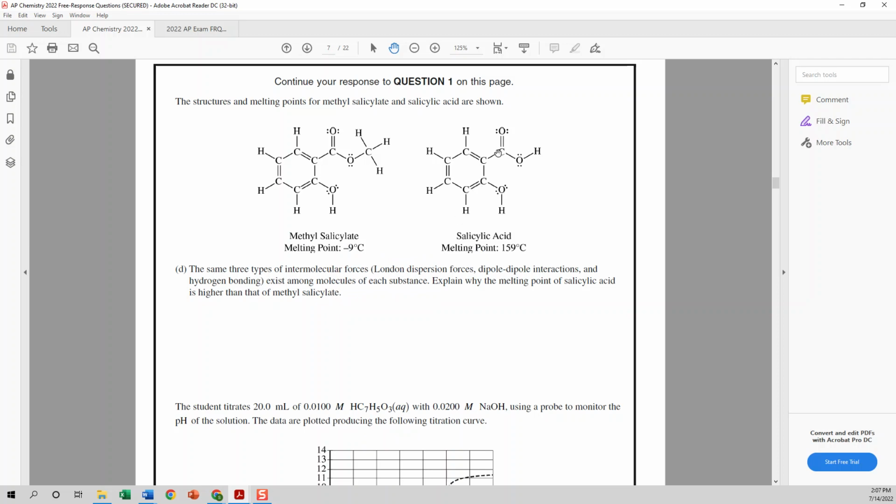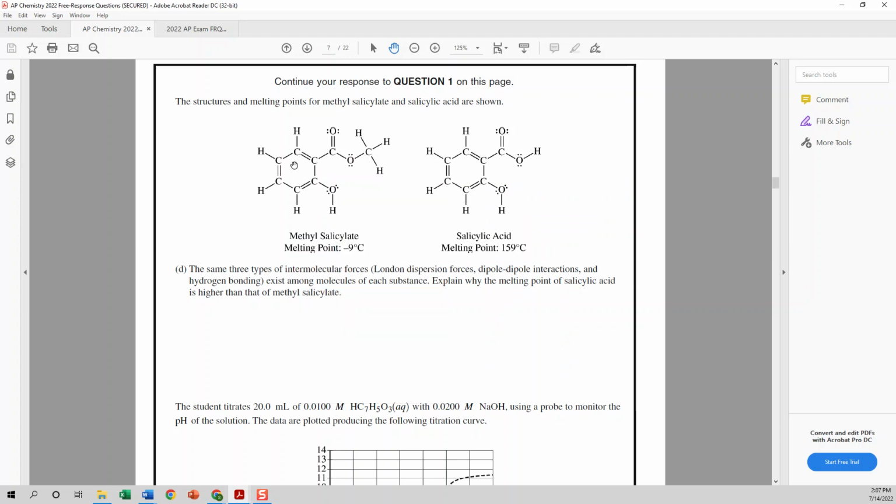So this compound must have stronger IMFs than this. But if you read the prompt here, it says both of these compounds have London dispersion forces, dipole-dipole interactions, and hydrogen bonding. So this has hydrogen bonding, this has hydrogen bonding, this has dipole-dipole, this is dipole-dipole, this has London dispersion, this has London dispersion. But why does this have such a higher melting point than that?